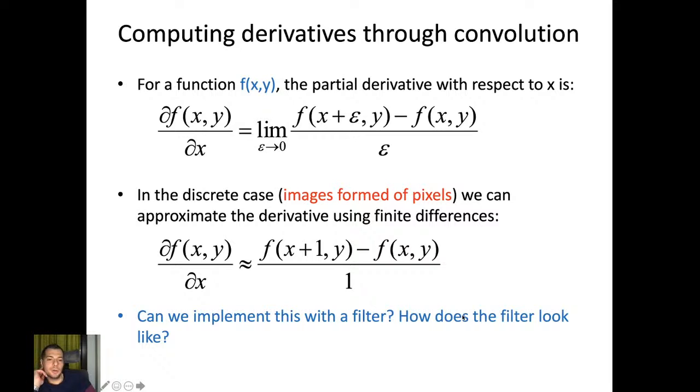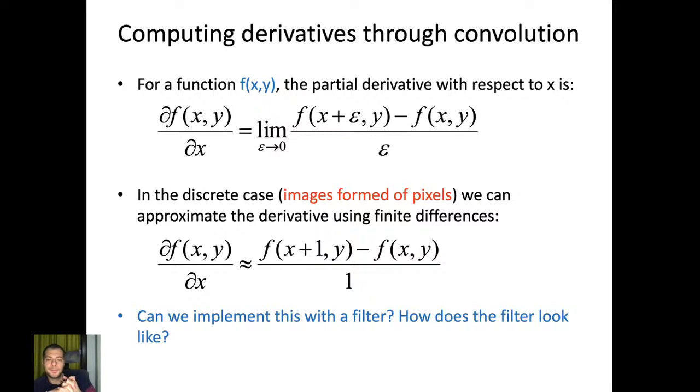So this can be implemented through a filter that can be applied through a convolution operation over the image or a correlation operation. So in order to model this equation efficiently and to obtain the gradients for all the pixels in the image, we can apply it as a filter.